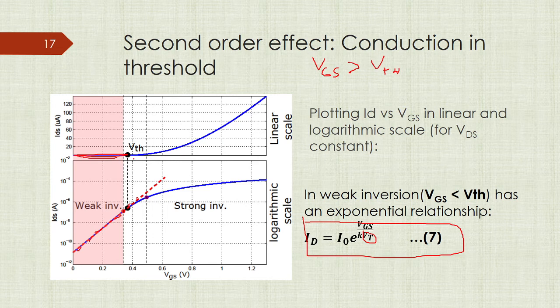Also here you can see that the threshold voltage is between weak and strong inversion, so this quadratic expression does not start from VTH, but a little bit greater than VTH.